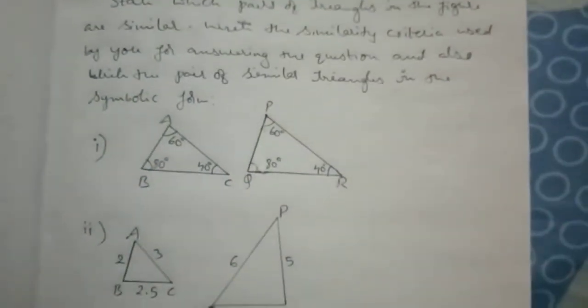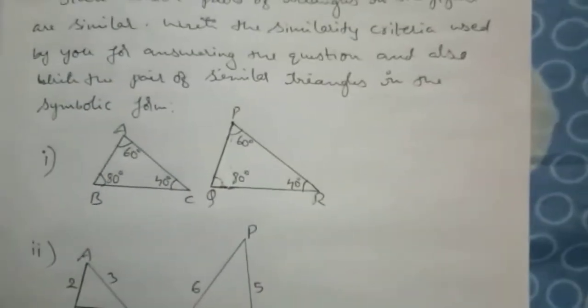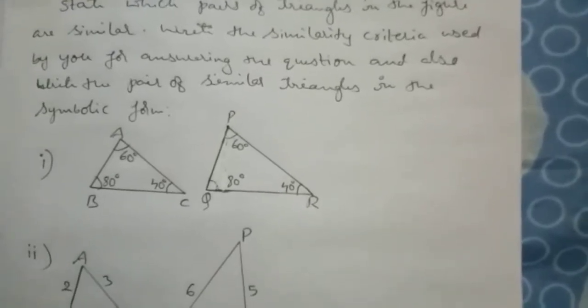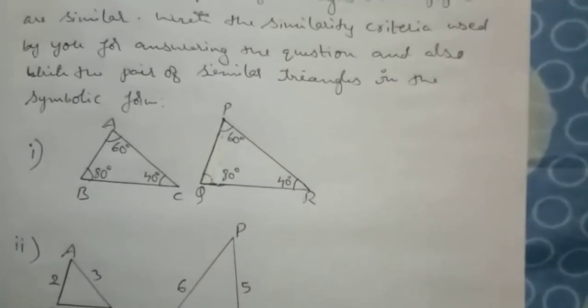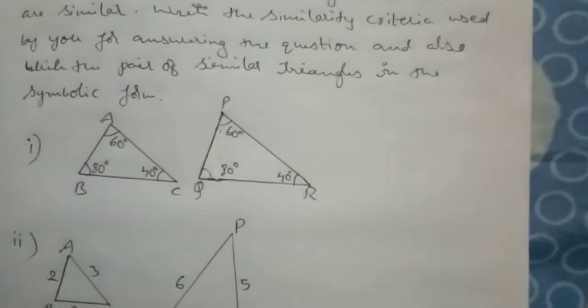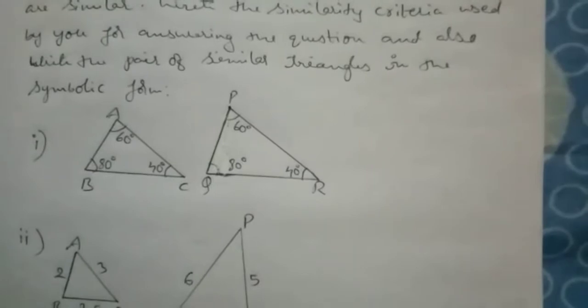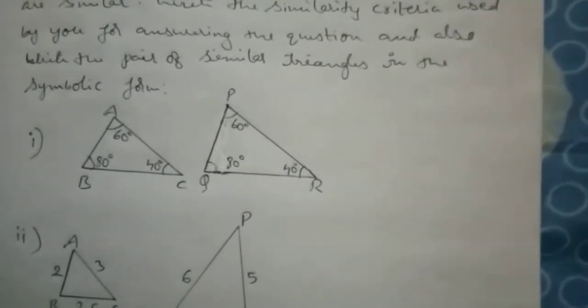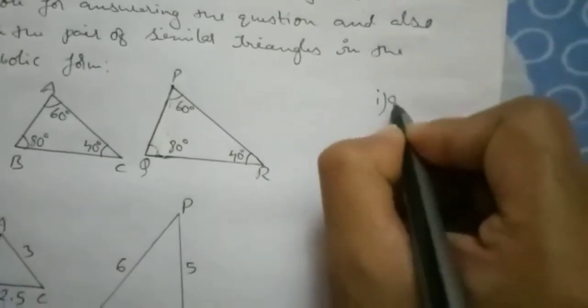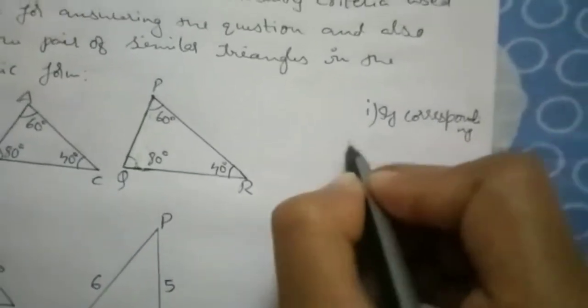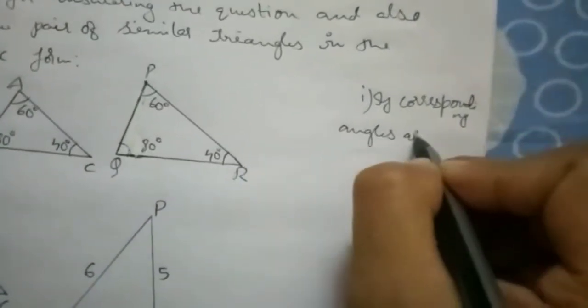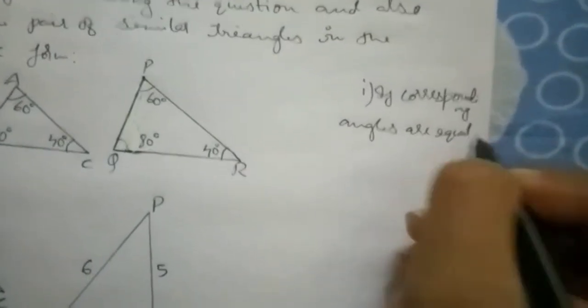So first, when do two triangles become similar? I have explained in the previous video. Two triangles become similar if the corresponding angles are equal and the corresponding sides are in proportion.